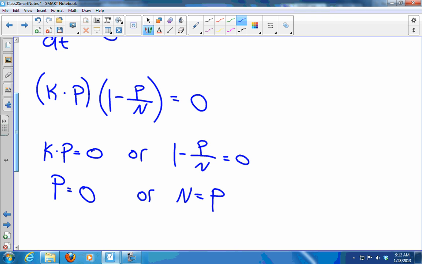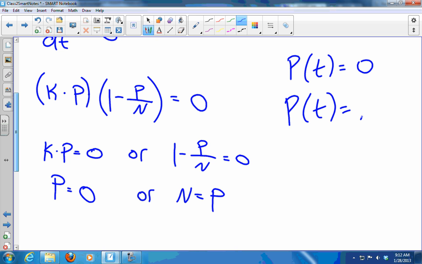P of t equals 0, and P of t equals the carrying capacity. These make sense, right? If you have no population at all, of course, dP/dt is 0. It can't grow, so your rate of change is going to be 0.